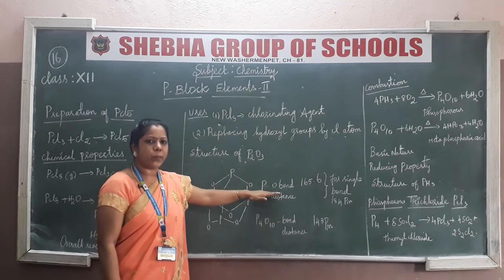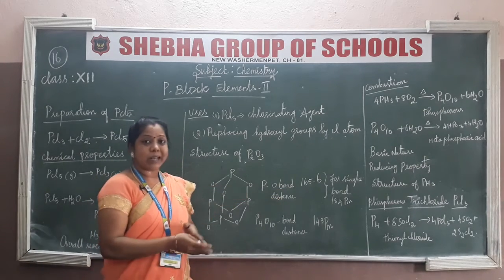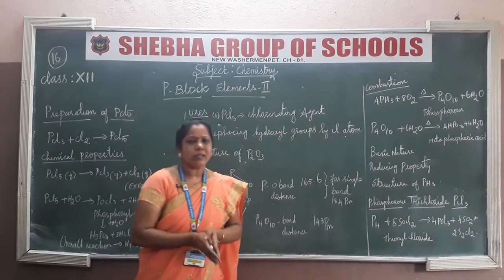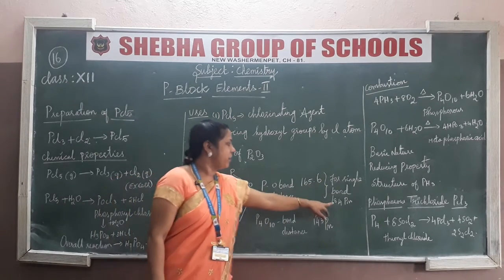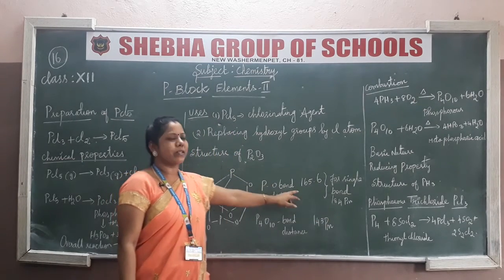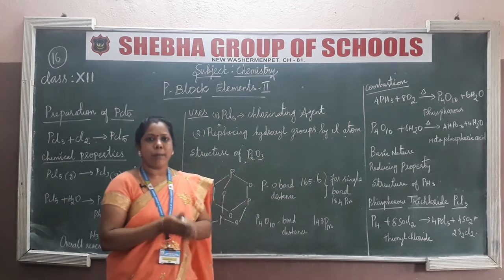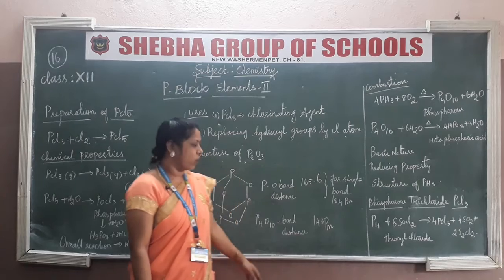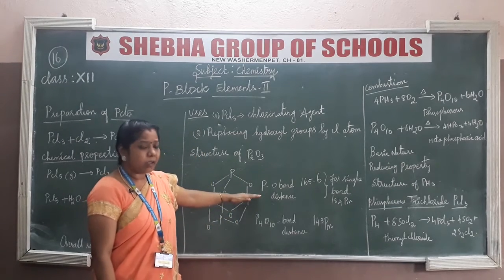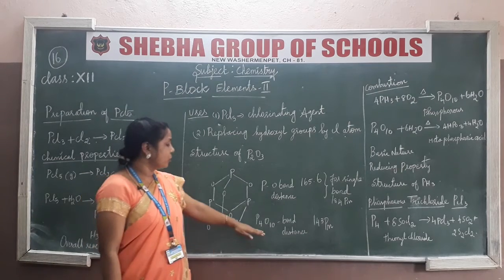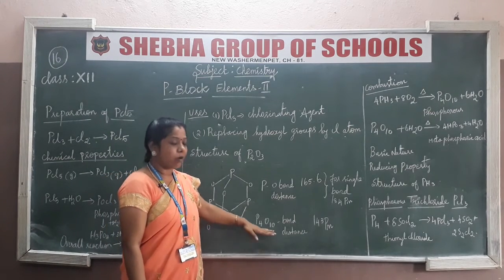The phosphorus-oxygen distance is 165.6 picometres, and if it is a single bond, that distance is 184. Okay, the general distance is 165 compared with the double bond, and the single bond is 184 picometres. In the same way we go for P4O10, that is phosphorus pentaoxide, two types of phosphorus pentaoxide, we can write P4O10.